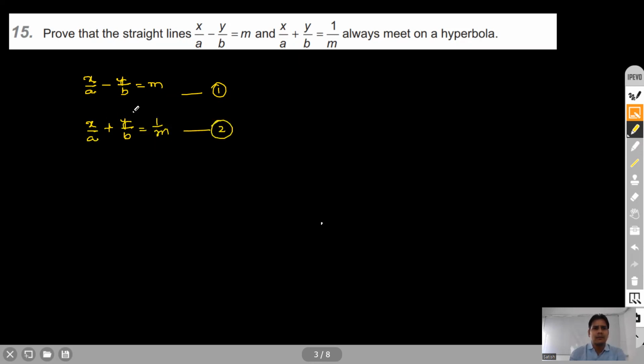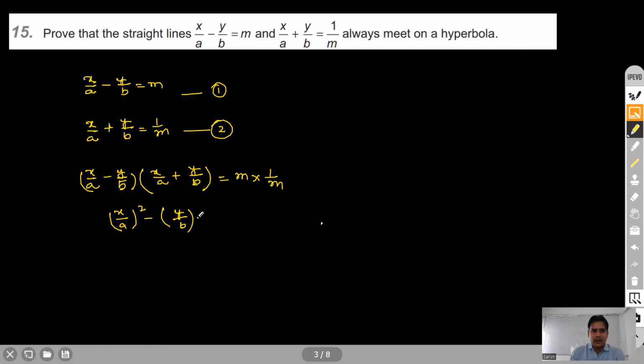So what I will do, I will multiply 1 and 2 and we will get x by a minus y by b into x by a plus y by b is equal to what? m into 1 by m. So from here we get, a minus b, a plus b, that is a squared minus b squared, is equal to what? 1.